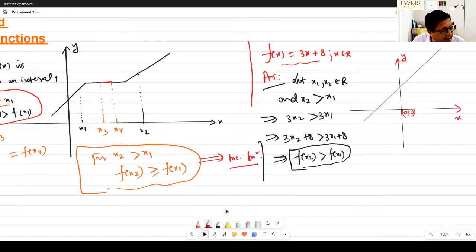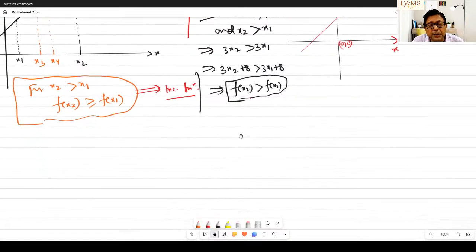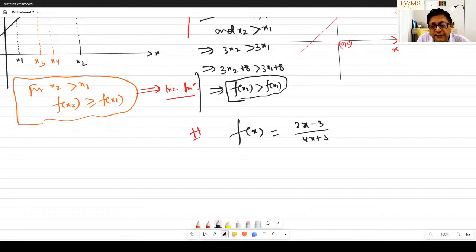Let us take another example here. Say I am taking the second example, that f(x) equal to (2x minus 3) divided by (4x plus 5) for x greater than 0. We will go by the first definition only. What is that?